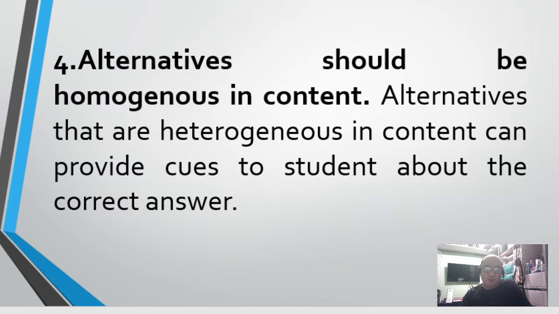Alternatives should be homogeneous in content. So all alternatives that are heterogeneous in content can provide cues to a student about the correct answer. So as much as possible, we refrain from giving alternatives which are heterogeneous because they can give a clue to students about the correct answer.